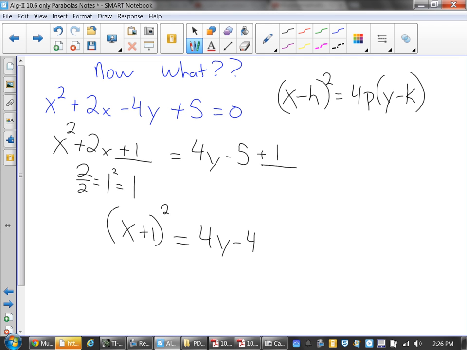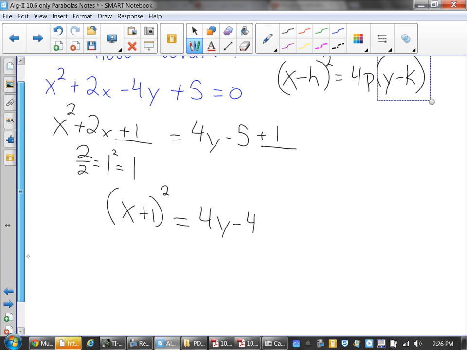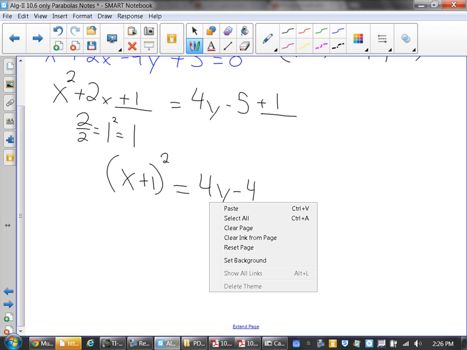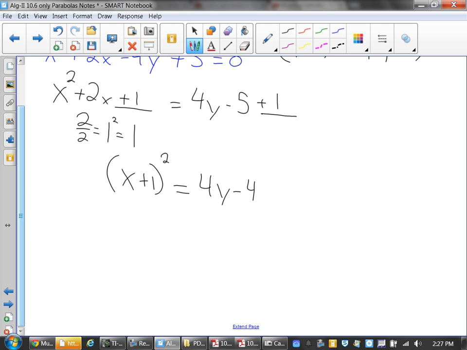I don't complete the square on the other side because at this point, what you want to do is notice what's in the parentheses on the right side. It's just y minus k, correct? So that means the coefficient of y here has to come out. So you factor out whatever this number is in front of y. Sometimes it works out clean, sometimes it doesn't. This one works really nice.